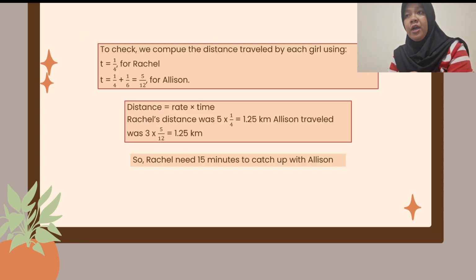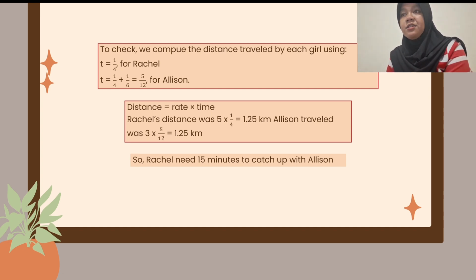Okay, next, to check, we compute the distance traveled by each girl, using t is 1/4 for Rachel, and t is 1/4 plus 1/6, which is 5/12, for Allison.